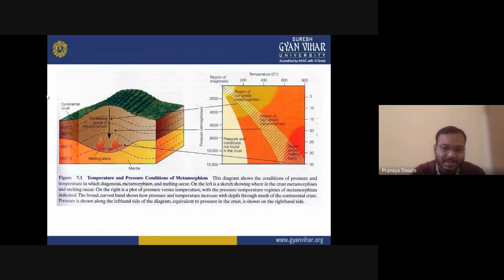Now you have three different terms: diagenesis, metamorphism, and melting. These three processes are involved in three different kinds of rock formation.